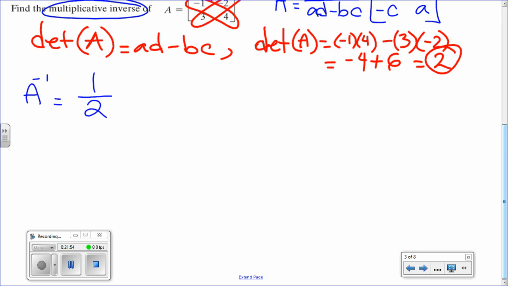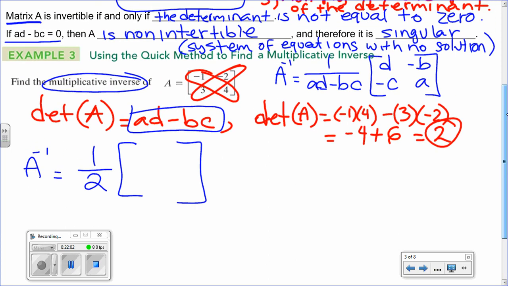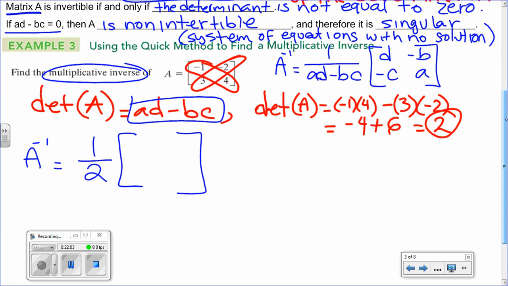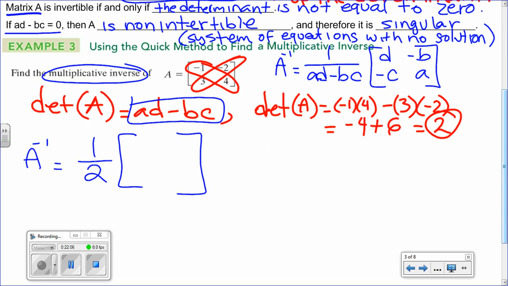So that number comes from here. And then what are the numbers that will go on the first row? 4 and 2. Very good, Julio. Very good. And second row.